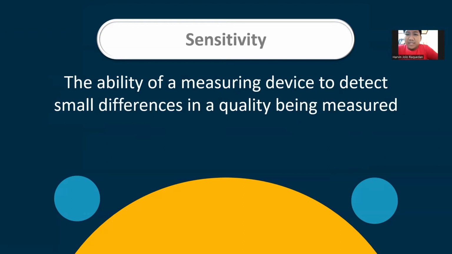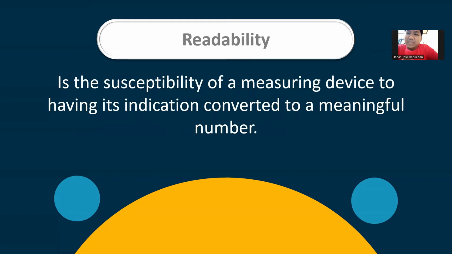Next, sensitivity is the ability of a measuring device to detect small differences, or the smallest absolute amount. Readability is the susceptibility of a measuring device to having its indication converted to a meaningful number. It indicates the closeness with which the scale of the instrument may be read.